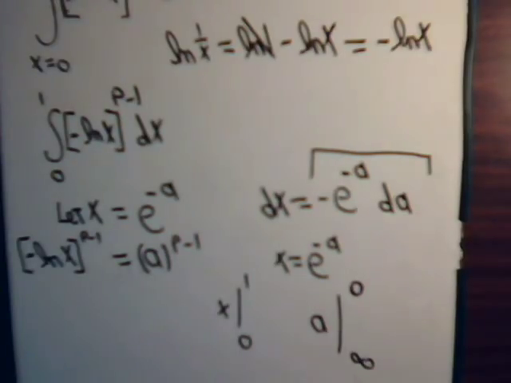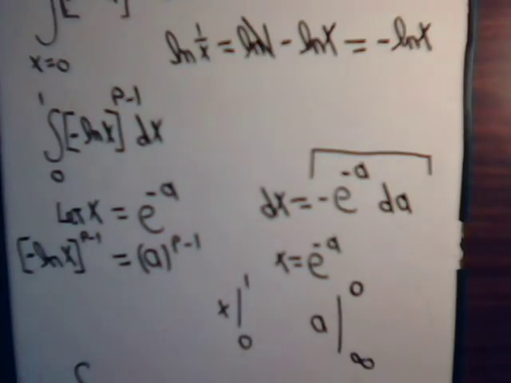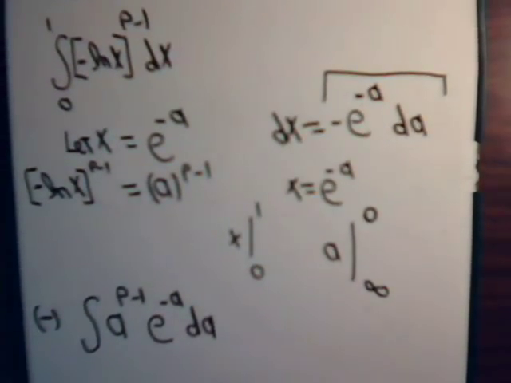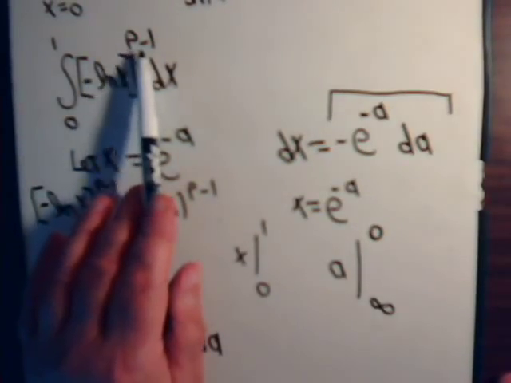So let's see if we can rewrite our integral. This minus ln of x raised to this power is a to the p minus 1, and dx is this, e to the minus a dA. Let's do this again. Here we have this raised to that power.